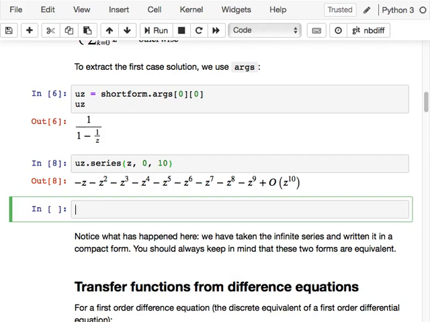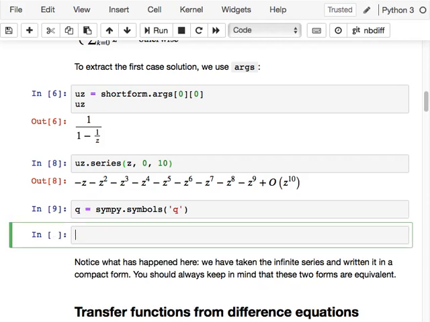Very easy. I just introduce this thing that I call Q, and I do a substitution. So I say, okay, let's imagine that Q is equal to z to the minus 1. And then we just do the series expansion in terms of Q instead of z. Okay, which basically goes like this.